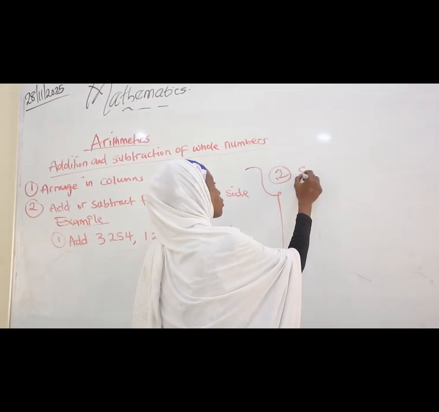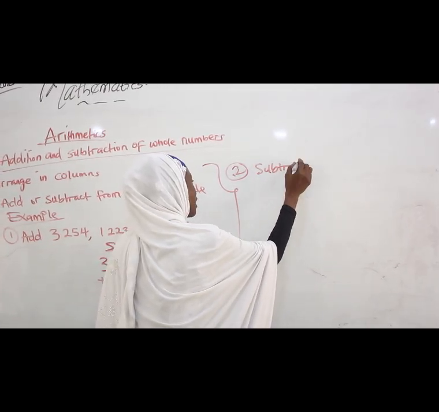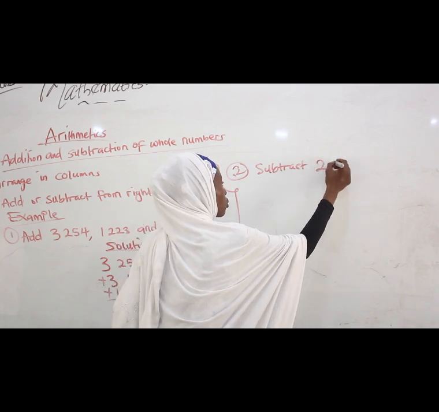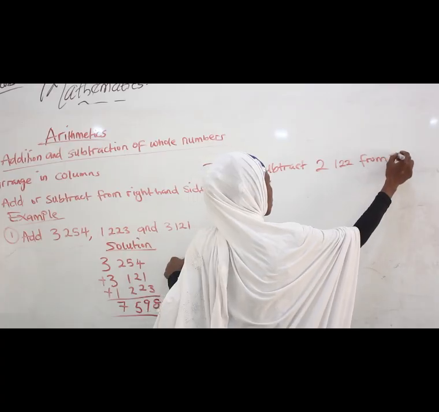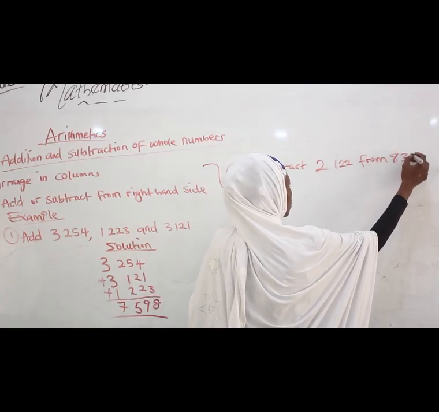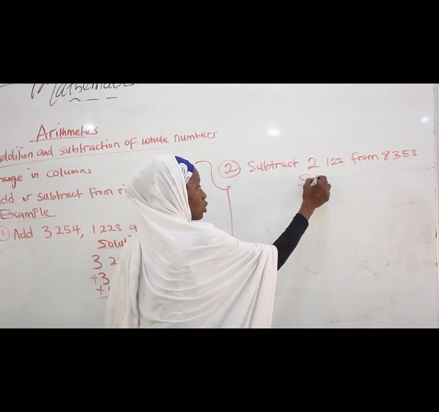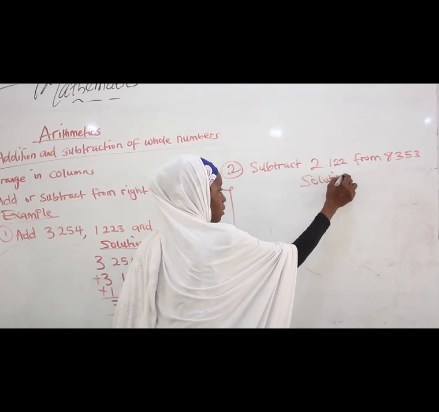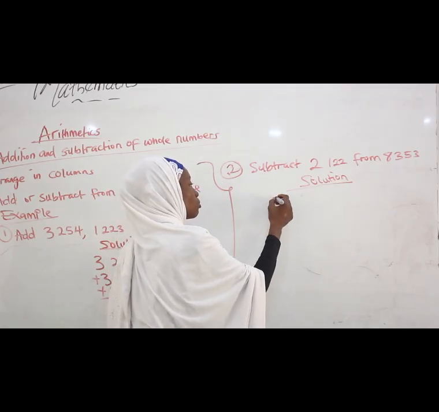Example 2. Subtract 2,122 from 8,353. Solution. The same steps we use in addition are still going to be applied in subtraction.